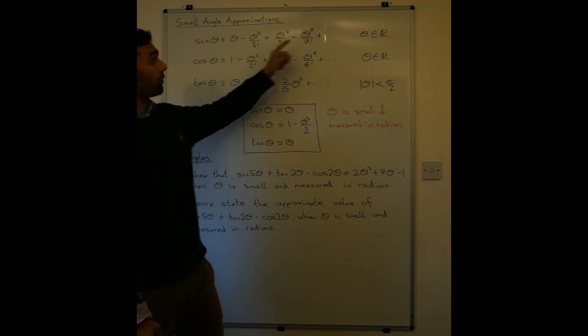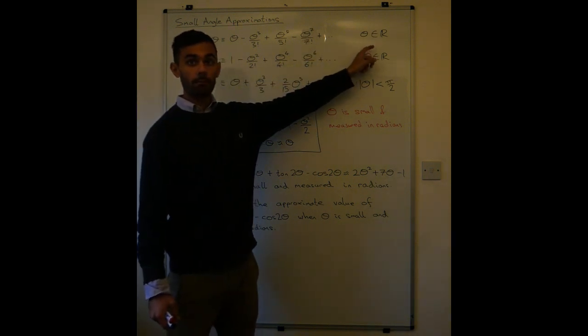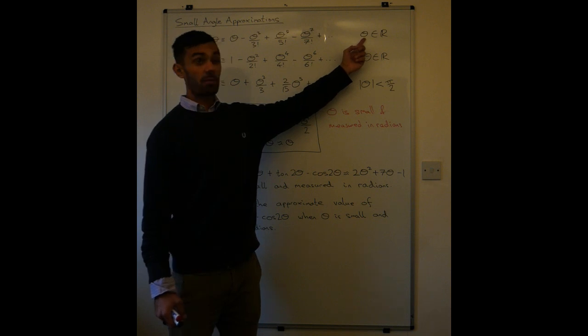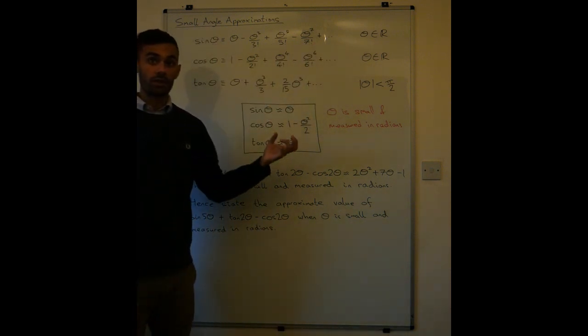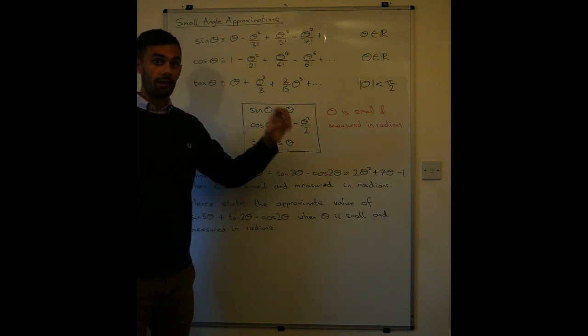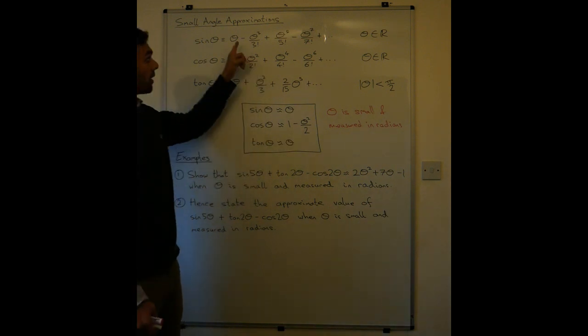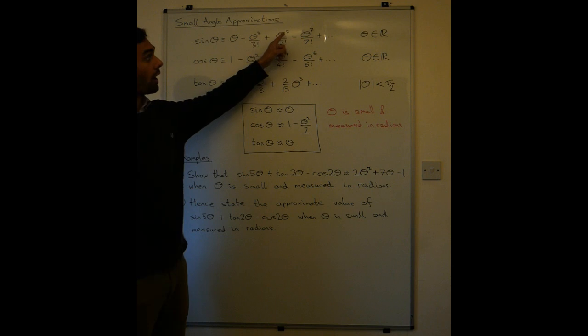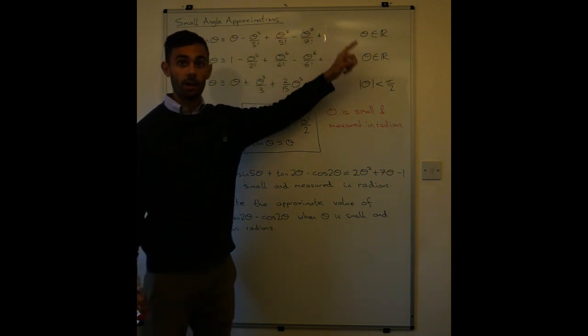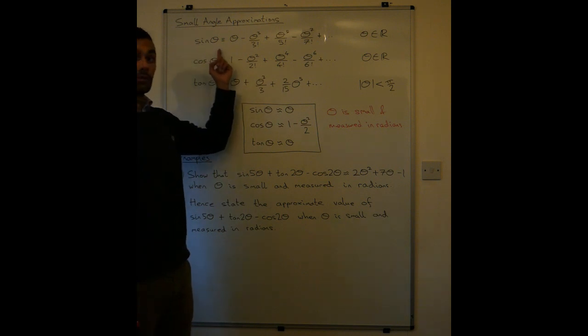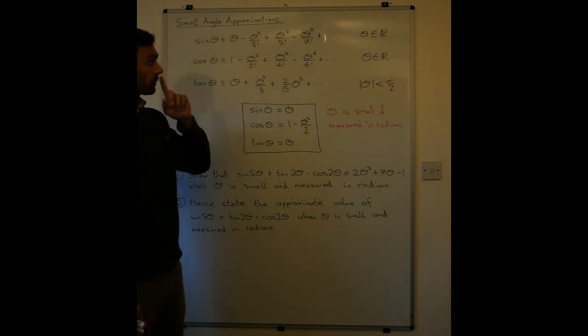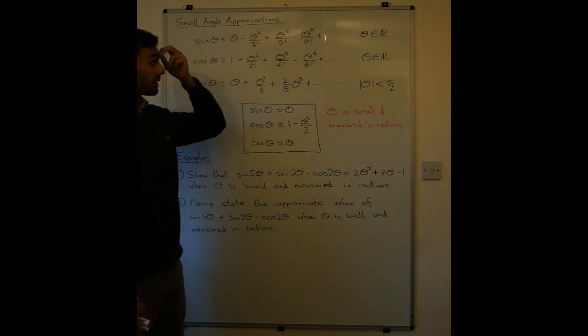So this is true for any real number. So take some value theta. If I put it into sine, it's going to return a value. And if I take that same theta and put it into the series on the right and keep adding the terms forever, I'll get the same value as the sine of the angle. So that's what an infinite series is.